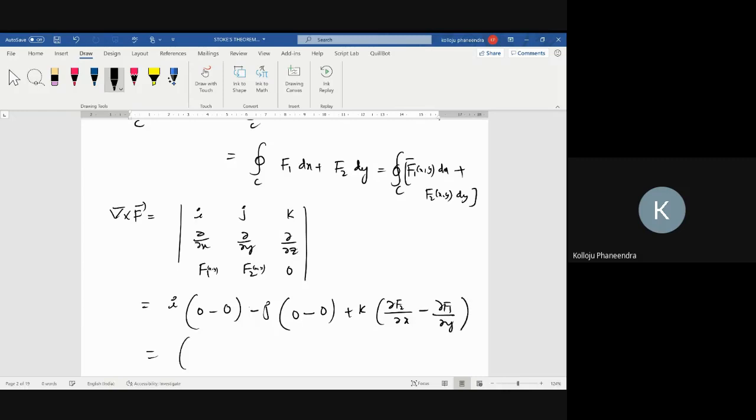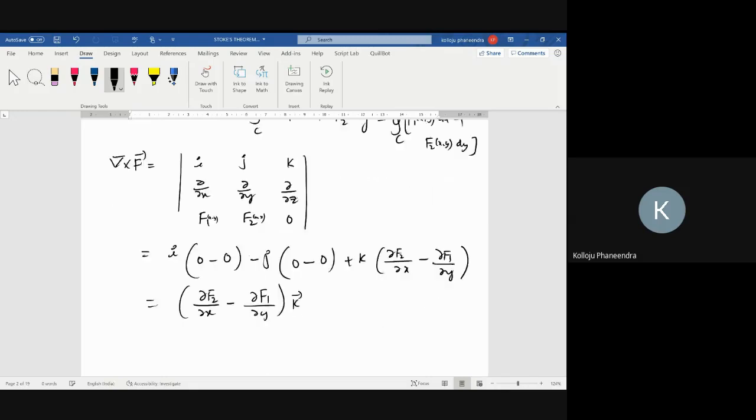So finally, del cross F bar is (dou F2 by dou x minus dou F1 by dou y) k bar.